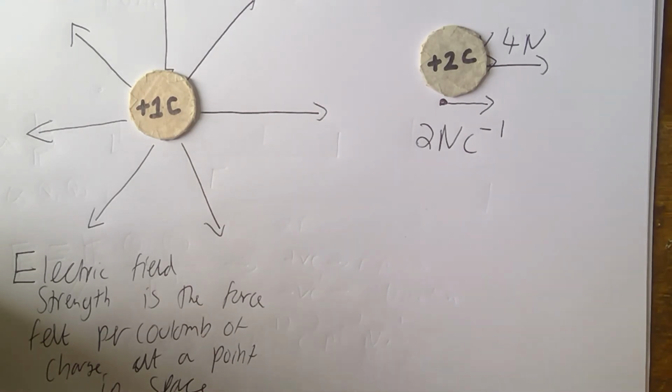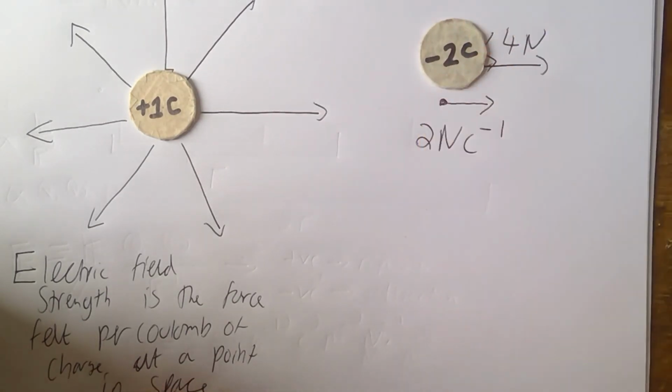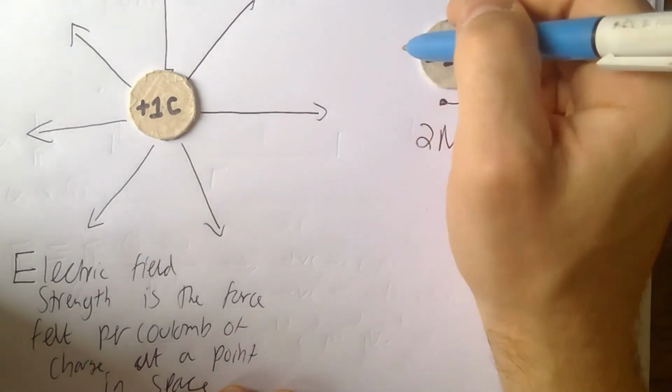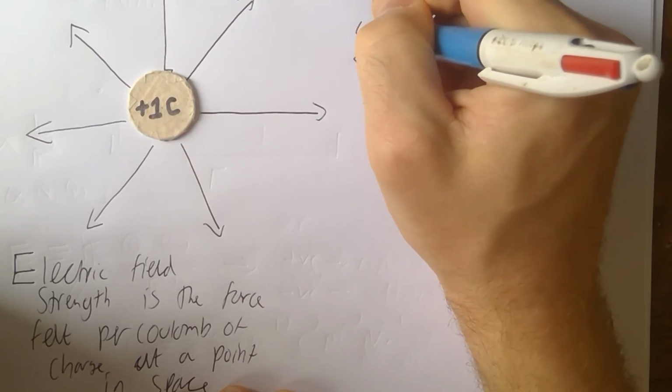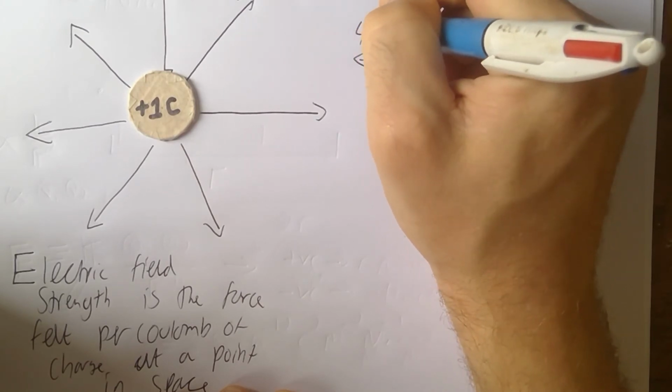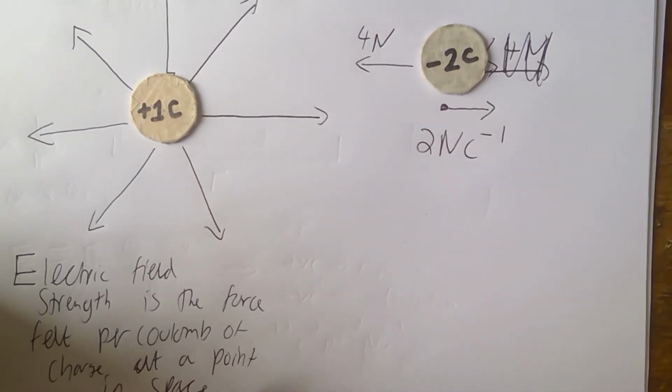Now, what if I had a negative? Just flip it over. The answer would still be 4 newtons, but negative charges feel a force in the opposite direction to the field. So that would now have 4 newtons that way.